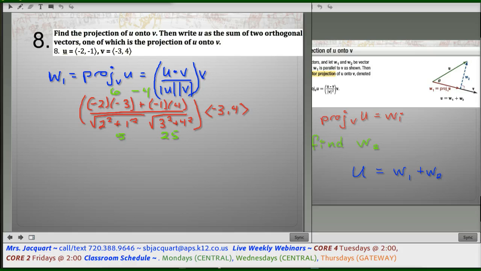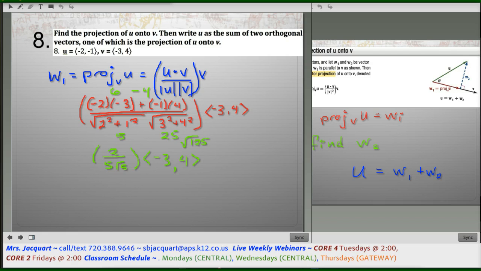So this is going to be 2 over square root 125. We're going to write it this way though. This is square root 125, but it can be written as 5 square root 5. And we'll multiply it by -3, comma 4.